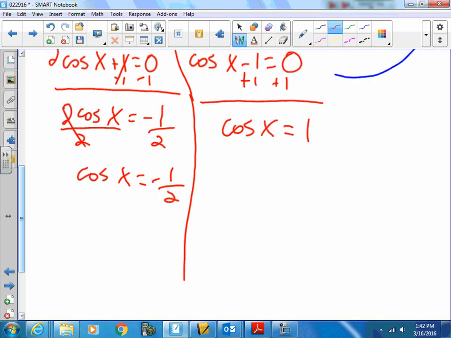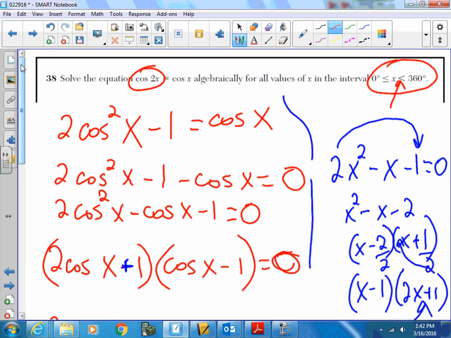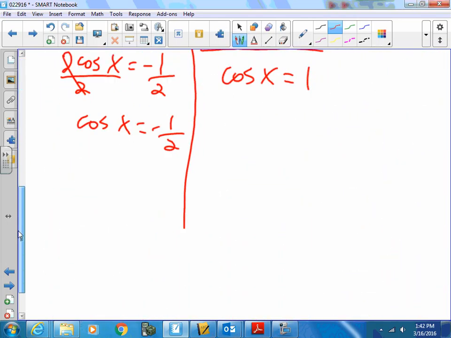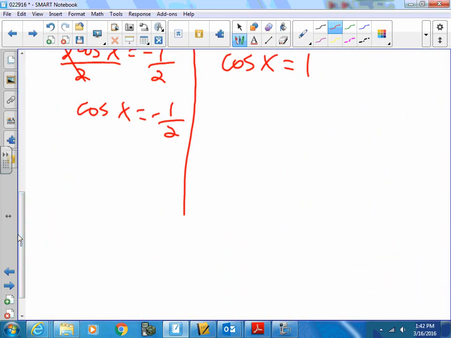All right, let's look at what x would have to be, all the possible values. We only want from 0, remember, 0 to 360, not including 360. So think to yourself, and if you're in my class looking at this, we have been talking about the unit circle a lot.